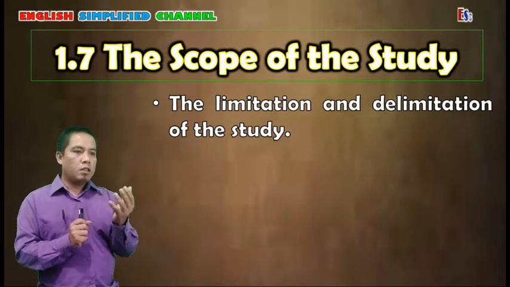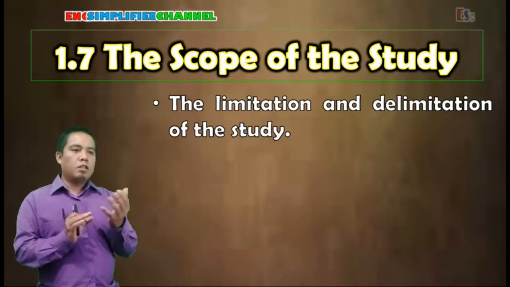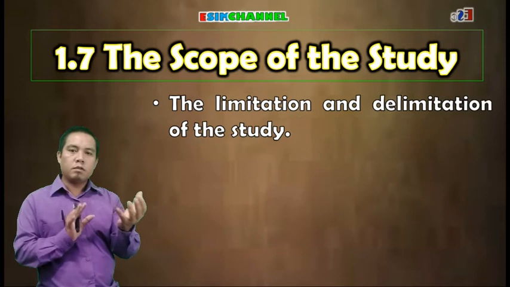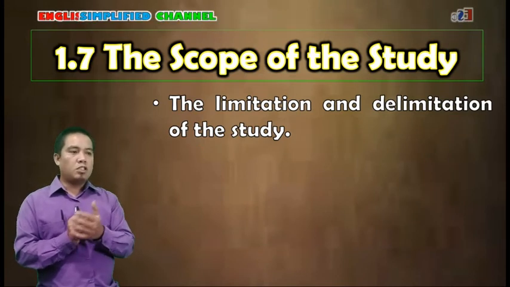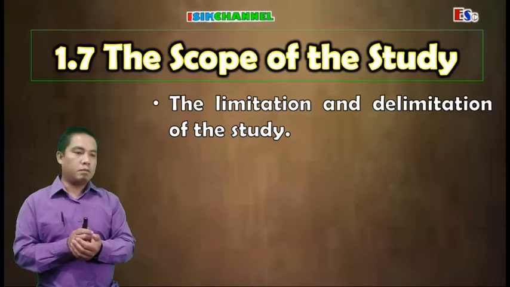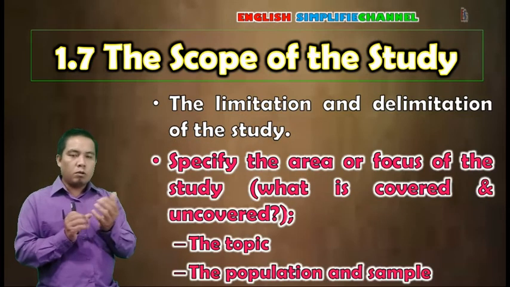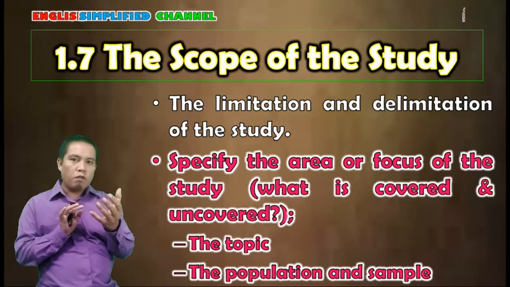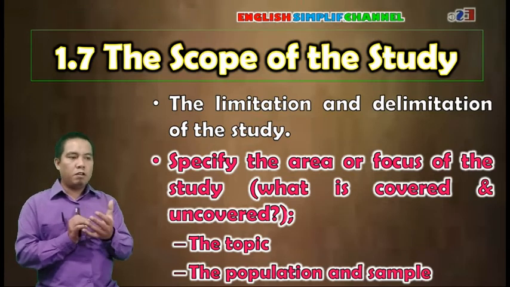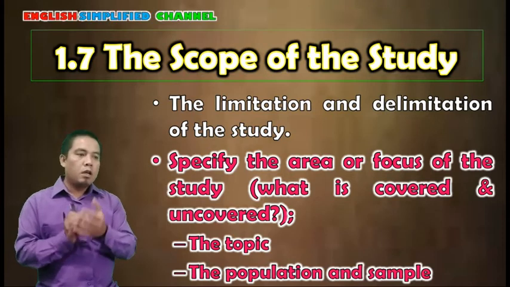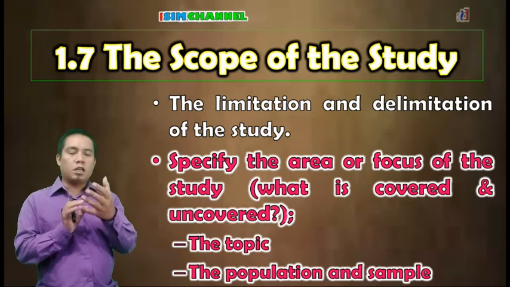1.7, the scope of the study. The scope of the study can also be termed as the limitation of the study. So, in the scope of the study, you need to specify the area or focus of your study. What is covered or what is uncovered?